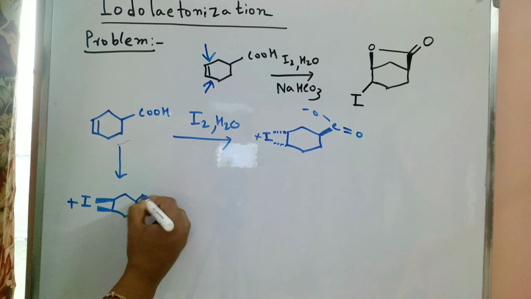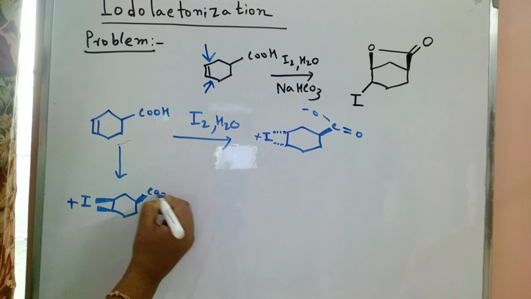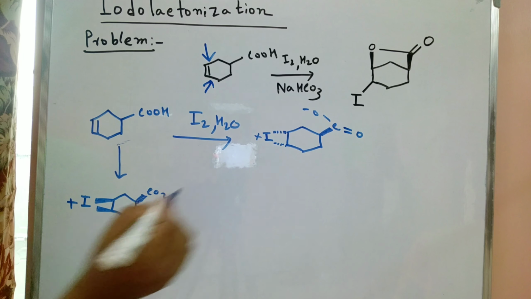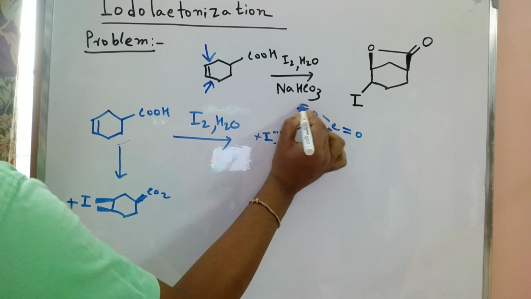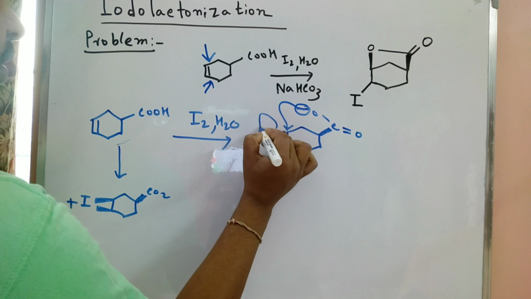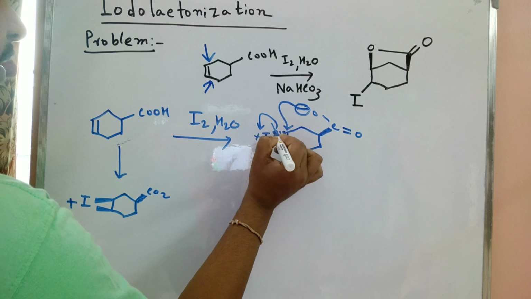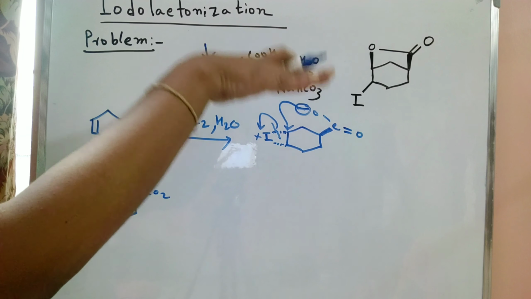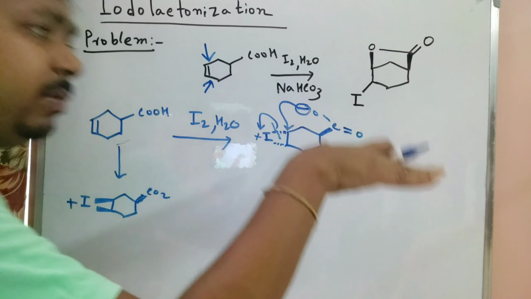So our CO2 group is here. So we consider this downside. After formation of this iodonium ion, this minus charge attacks that center, so this bond is broken. After bond breaking, this attack is possible through the upward side of the plane.